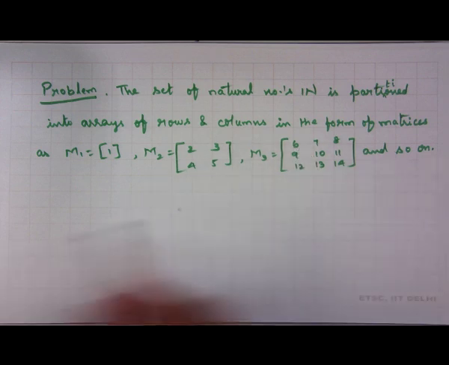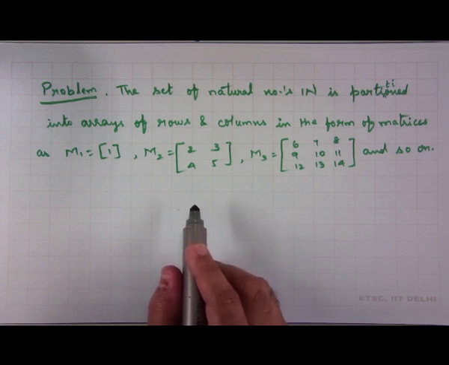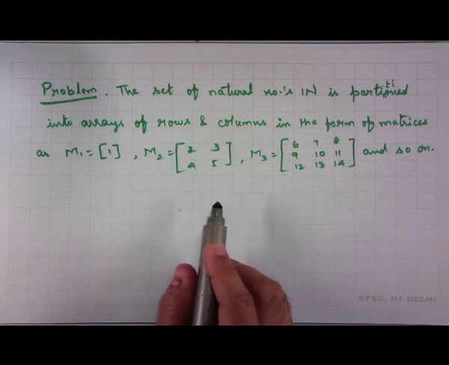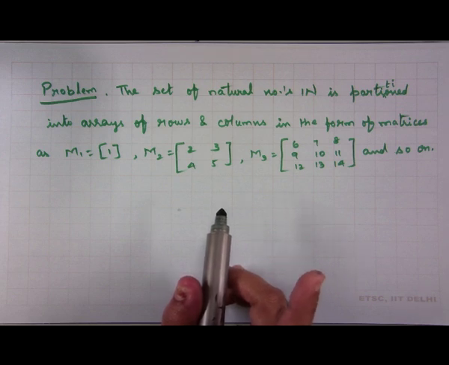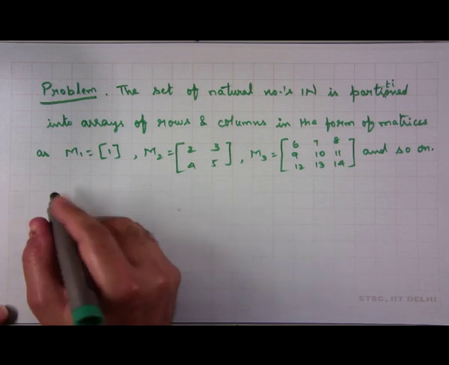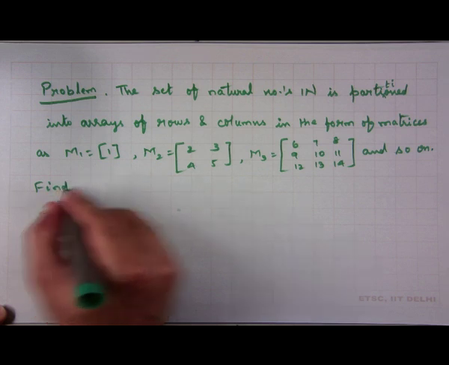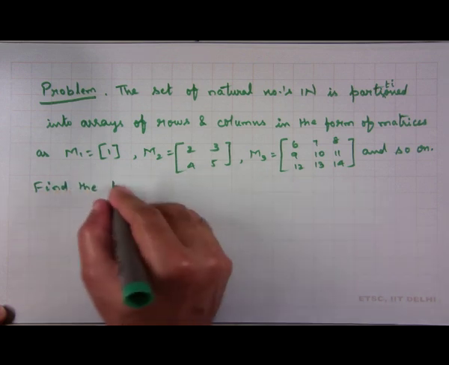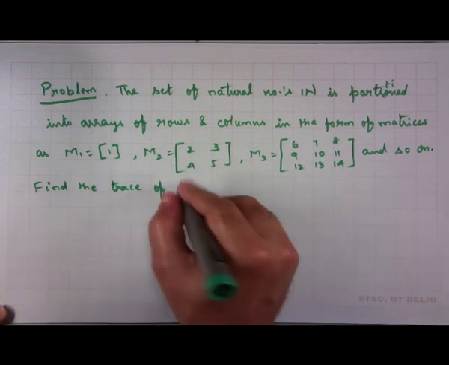In general Mn is an n by n matrix whose first element is the next element after the last element of the Mn minus 1 matrix. Fine. Now, the question is this: find the trace of Mn.